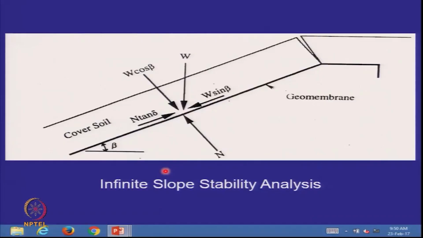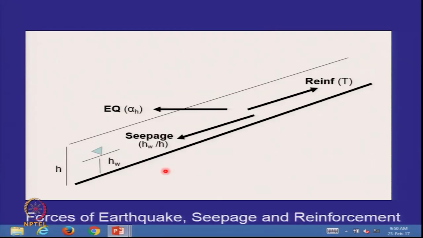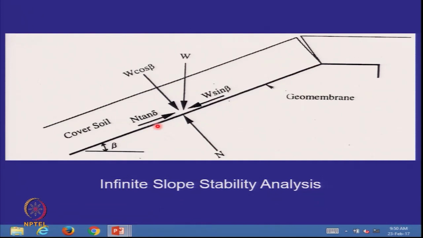We said that we can do the analysis using the infinite slope method, and the factor of safety would basically be the ratio of N tan delta, which is the resisting force, and W sin beta, which is the driving force. N is equal to W cos beta, so it becomes W cos beta tan delta, and the factor of safety became tan delta by tan beta.